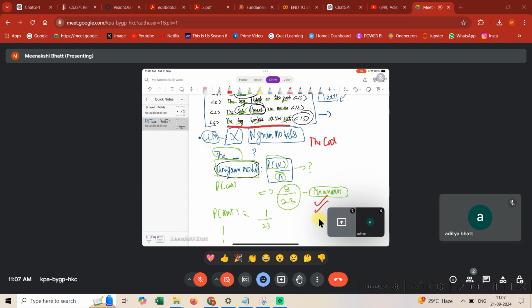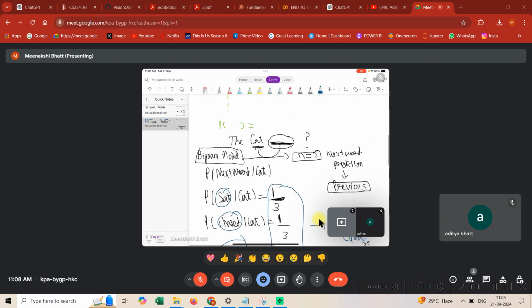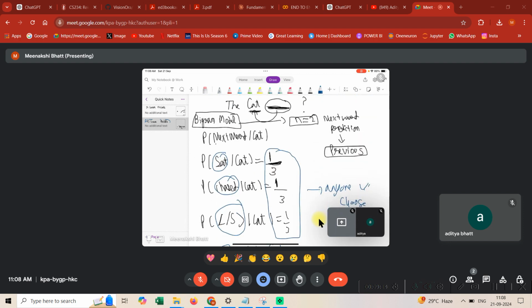Now, as I said, we need to predict the next word, so for the time being I'm using the bigram model. What does the bigram model say? That n is equal to 2, so the prediction depends on n minus 1, that is, one word, cat. So we took the word cat. We have cat, we have cat, we have cat.